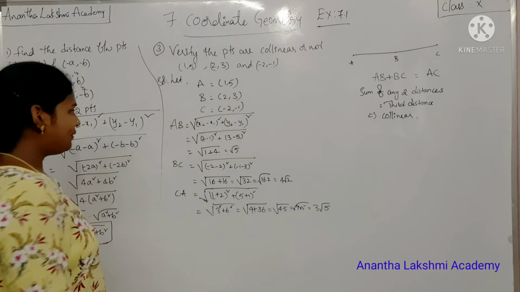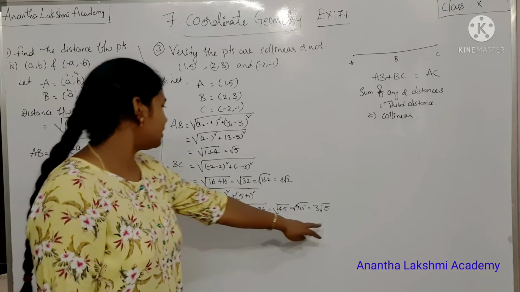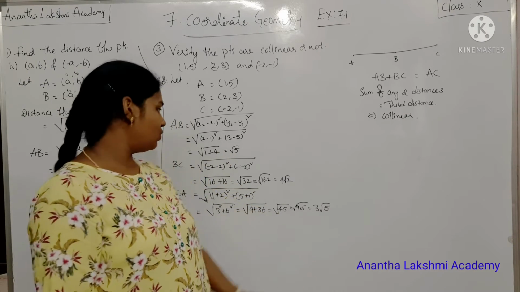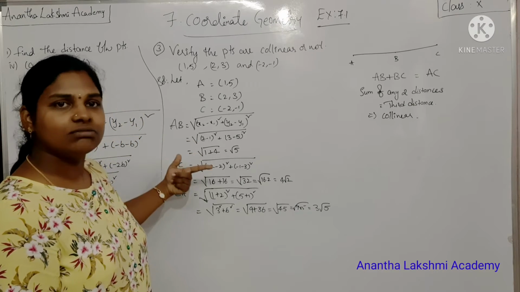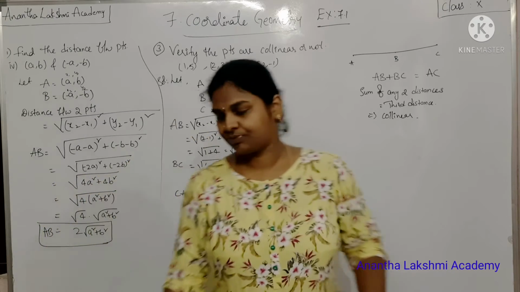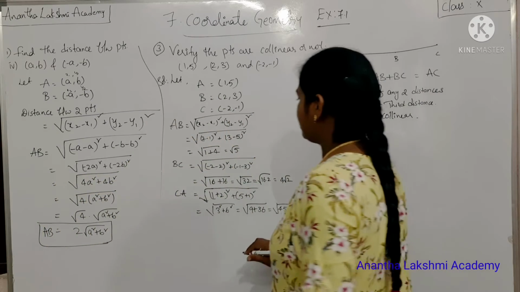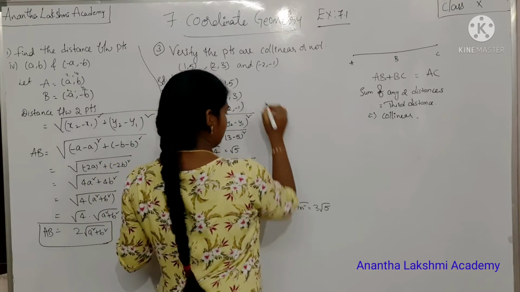Now, if we do AB is root 5, BC is 4 root 2, can we get this? CA, no chance. BC plus CA, if you do AB, can you get? No. So, okay, let me write it here.